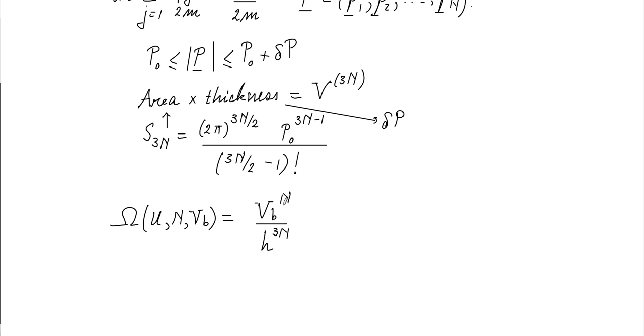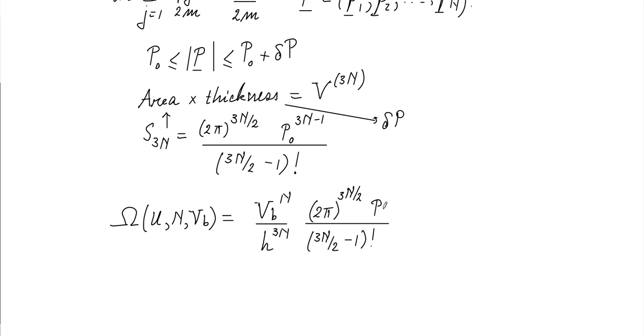And then we have this 2 pi to the 3n over 2, over (3n over 2 minus 1) factorial.